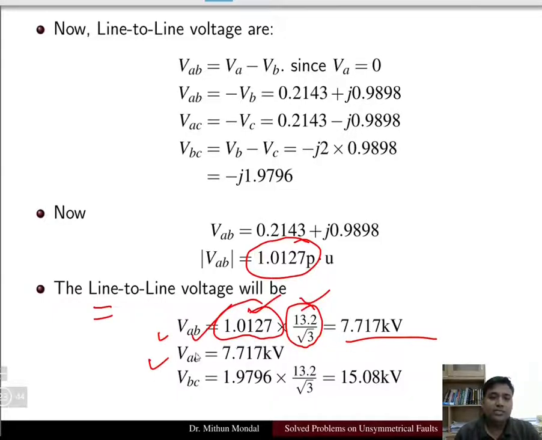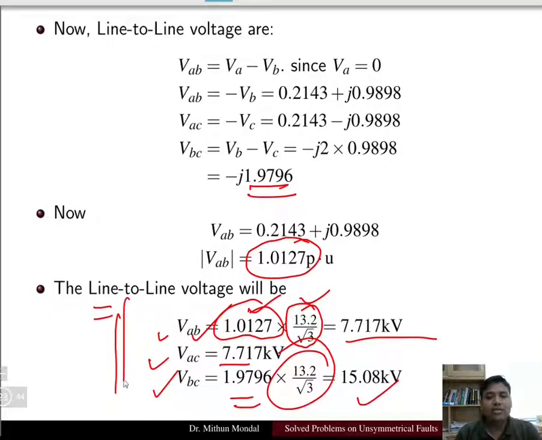VAC we have already obtained as 7.17 kilovolt, and VBC we can obtain from the per unit system. Here VBC is 1.9796, which is multiplied with the base value. So we have got the line to line voltage of all the phases and the fault current for the single line to ground fault.